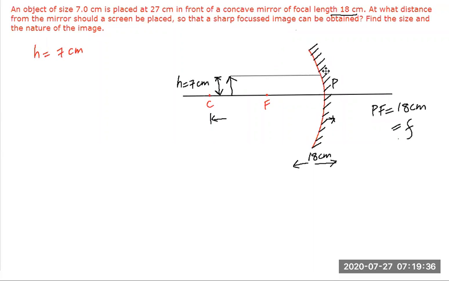Then this ray will pass through this. And the other ray we should draw from tip of the object passing through C. So these two lines are intersecting at this point.